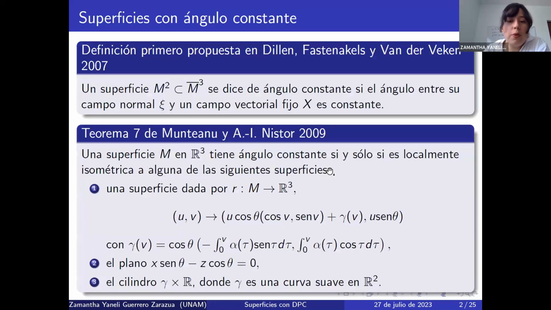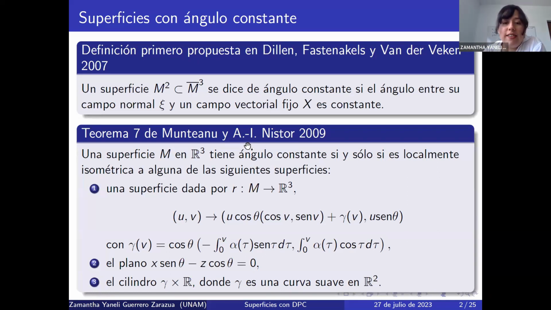Okay, so we're going to start with some motivation, which is that the concept of canonical principal direction started with constant angle surfaces, which was first defined in 2007 by Dillen, Fastenakels, and Van der Veken.